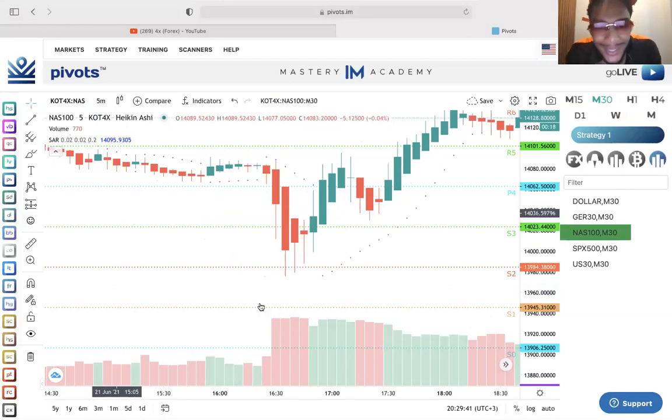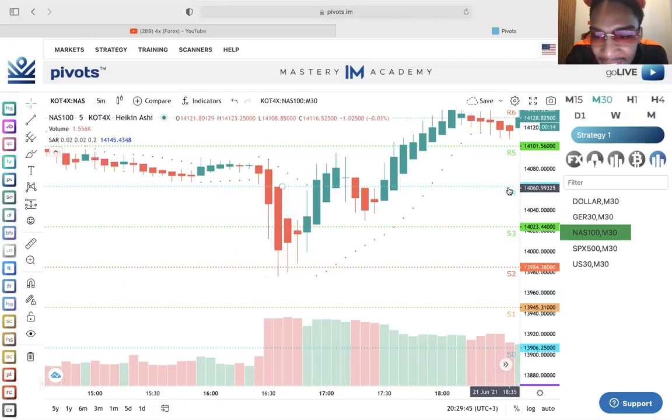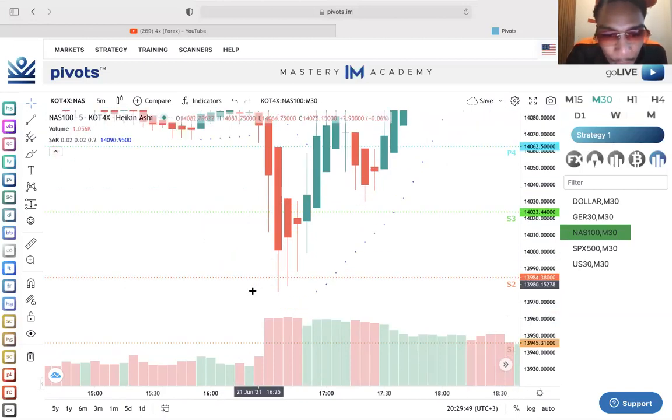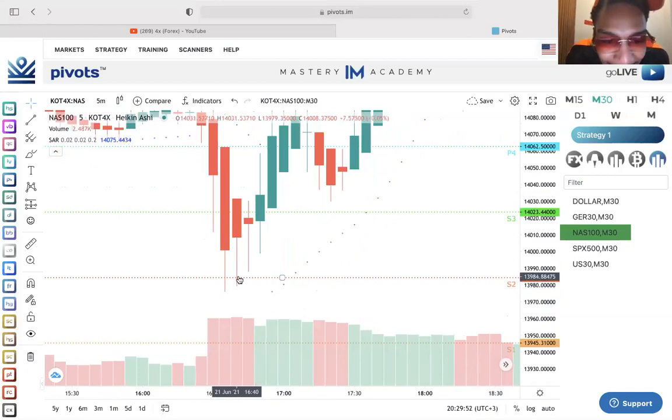Rule number 1, we need a candle or candles to touch any line except our P4 line. Just stay with me and keep your eyes peeled. That's rule number 1. Rule number 2, it needs to break out above, meaning not touching the line anymore, for a buy, or break out below our line, not touching the line, for a sell.